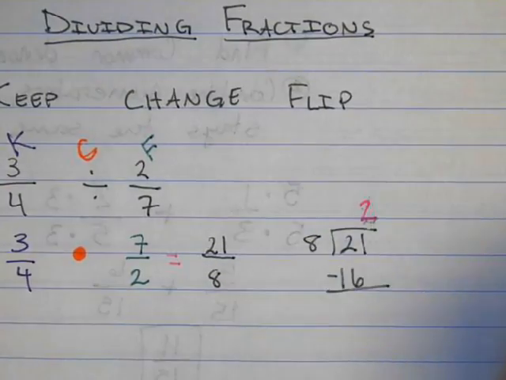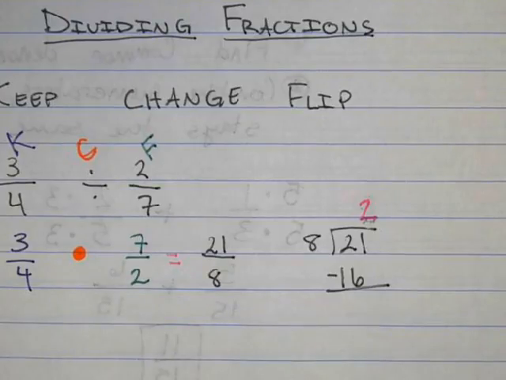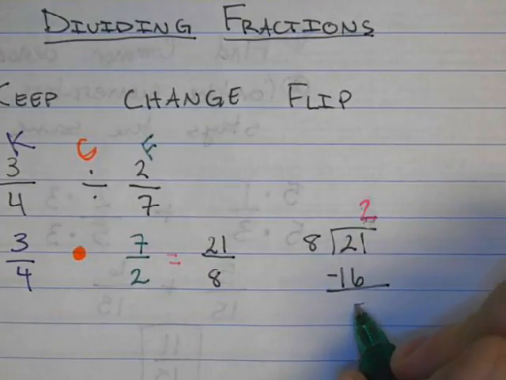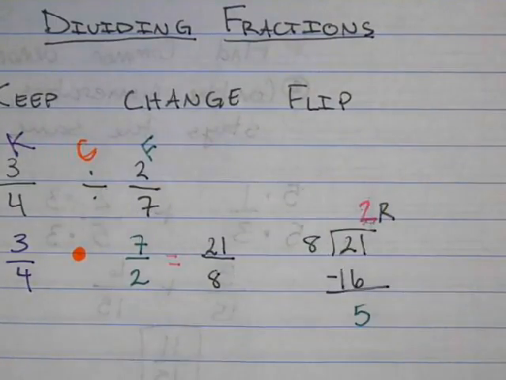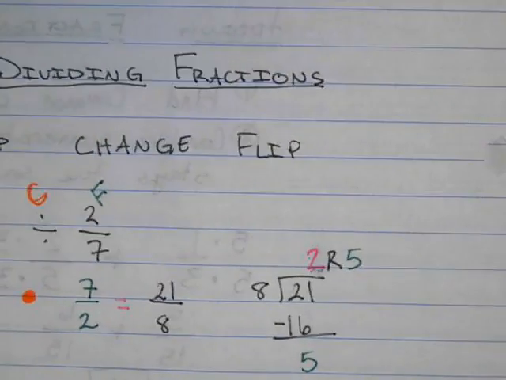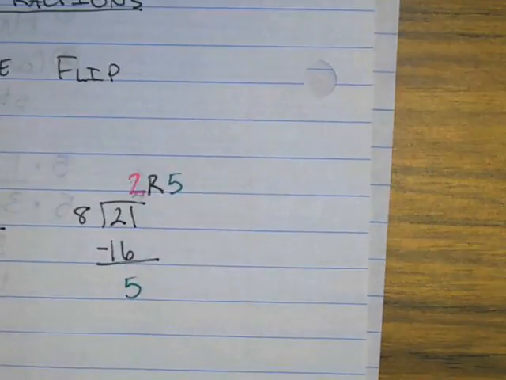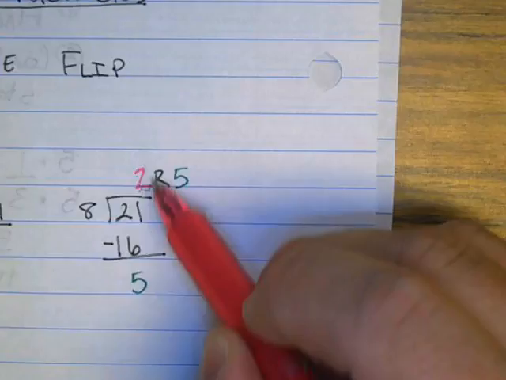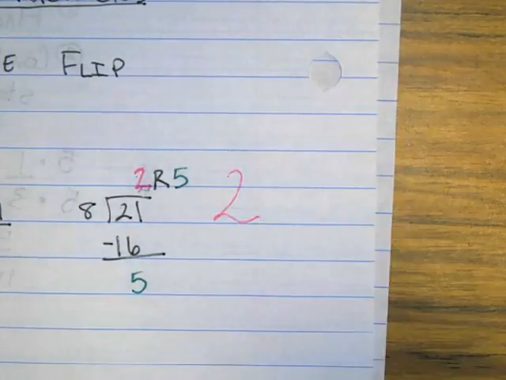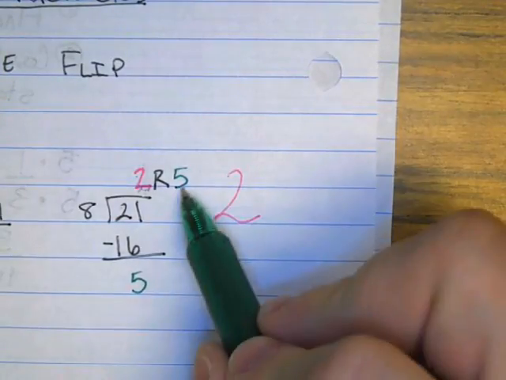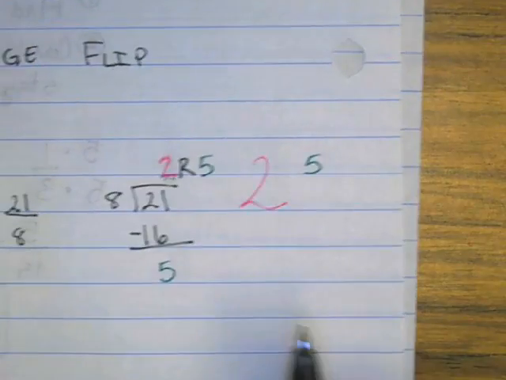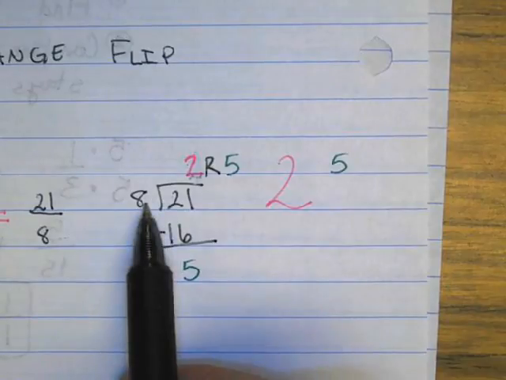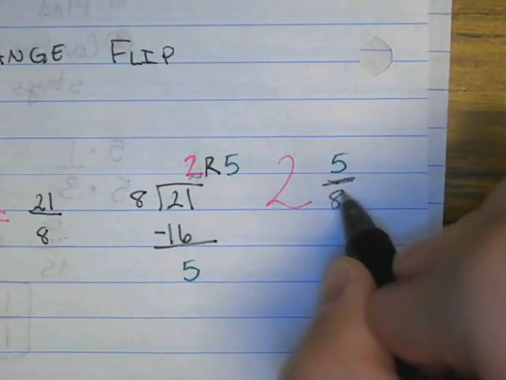Then we subtract. 21 minus 16 is 5. So I get remainder 5. So we'll have 2, our whole number. 5, our remainder, is our numerator. And then our denominator, 8, stays the same.